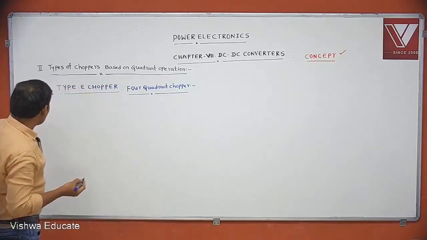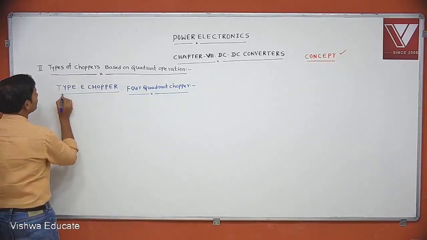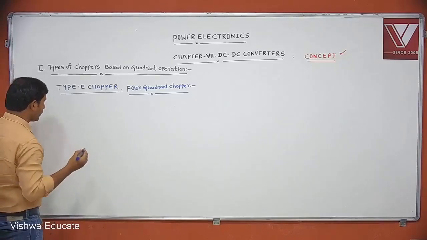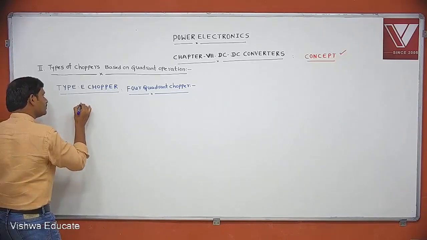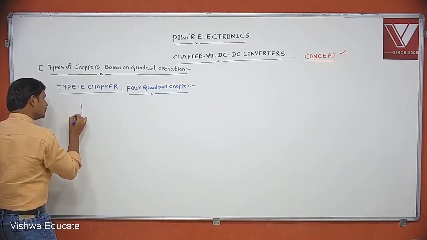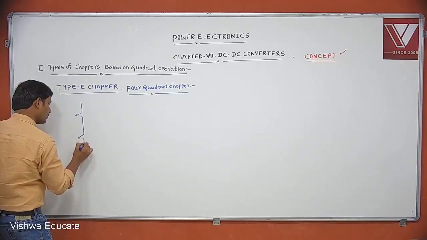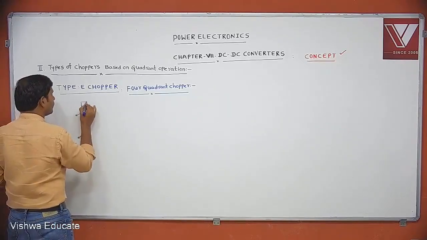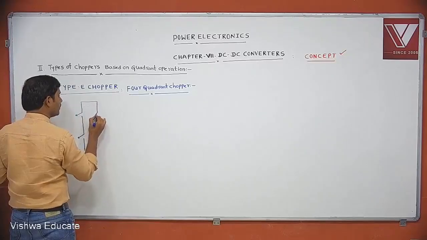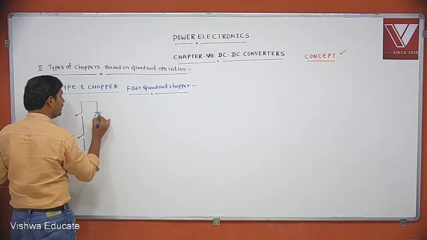What is the circuit you are using for type E chopper? Draw the circuit parallelly.